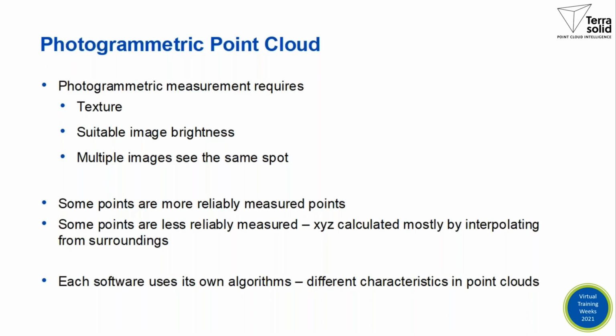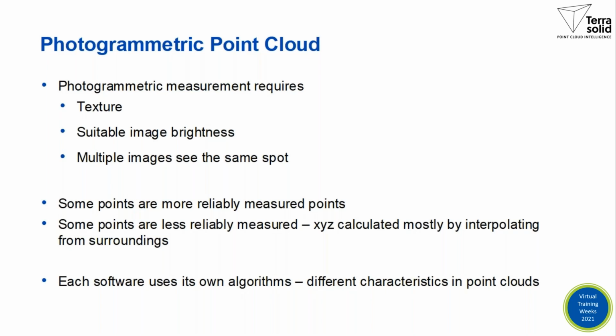As an example output, reliable measured points come from well-textured surfaces, those locations covered by good image overlap, and where the brightness of the used images was suitable. Less reliable, worse results come from places where you're lacking information.